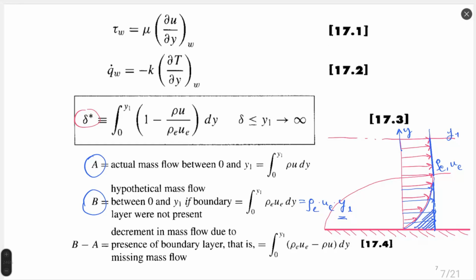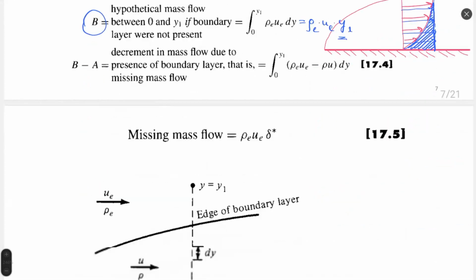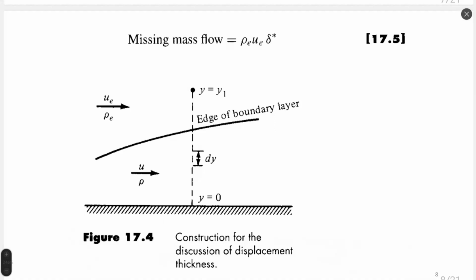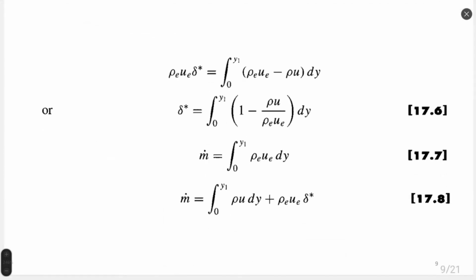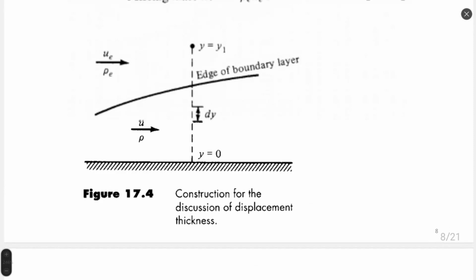I will mark with the blue color. So this mass flow rate and this velocity, which we do not have inside the real flow, this is what we are missing. Once we subtract these two quantities and we can rewrite mass balance, we will obtain that thickness inside which theoretically we have zero flow.